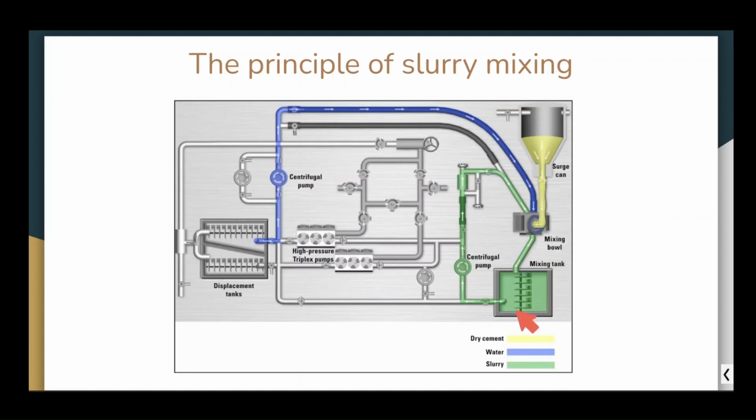While we circulate this fluid, we also gain the right level of density by adding dry cement blend and or increasing the rate of water from the centrifugal pump. The blue lines are water from the centrifugal pump to create slurry.